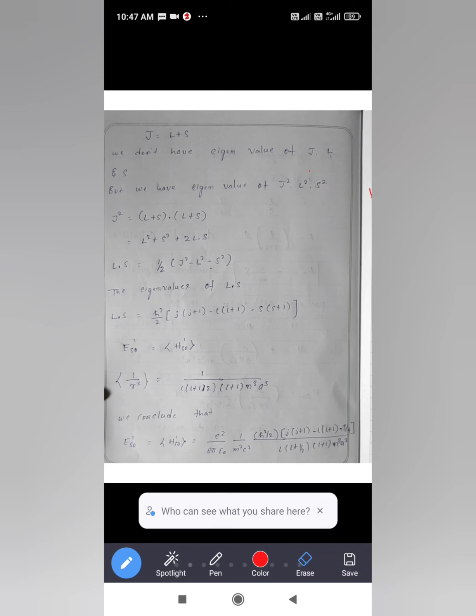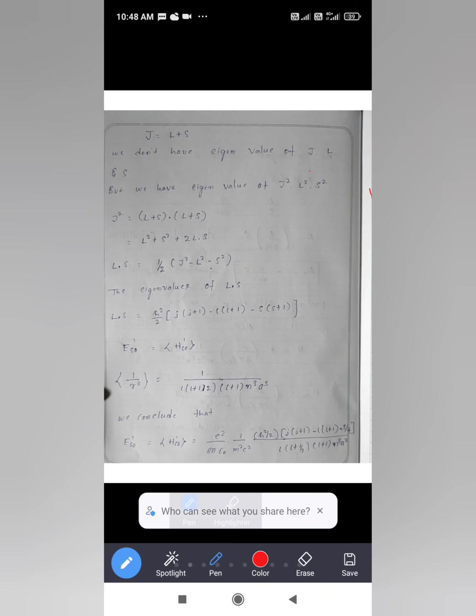We don't have eigenvalues of J, L and S; I already discussed this in class. We only have eigenvalues of J square, L square, S square, Jz, Lz, Sz, Jx, Lx, Sx and so on. For this reason I convert J, L, S into J square, L square, S square.